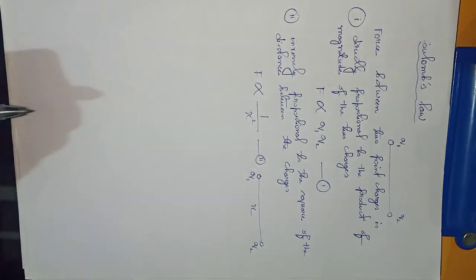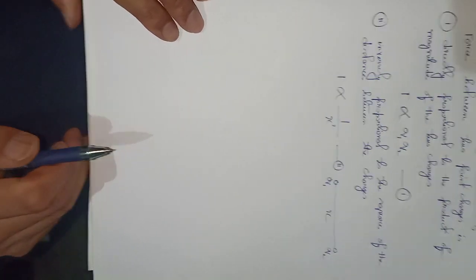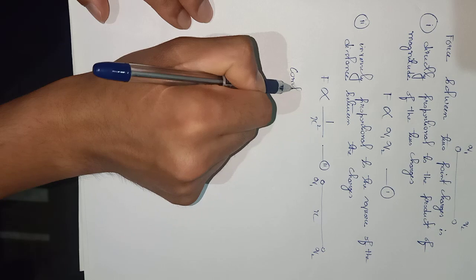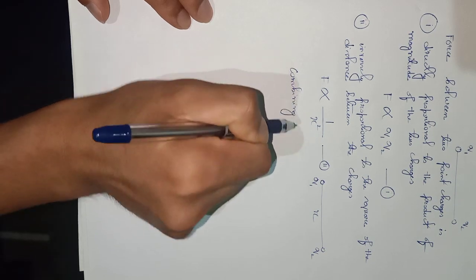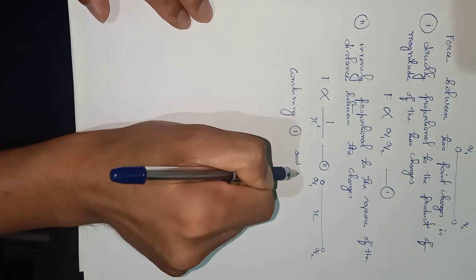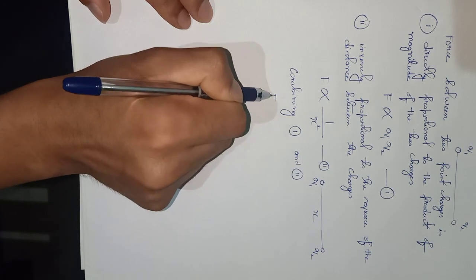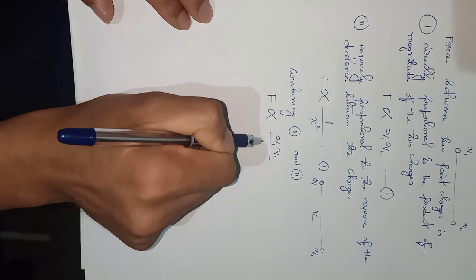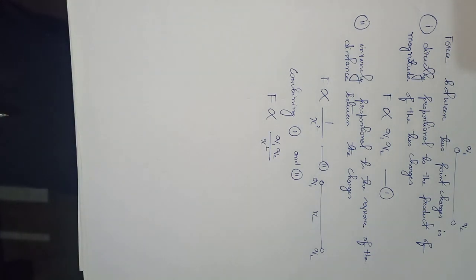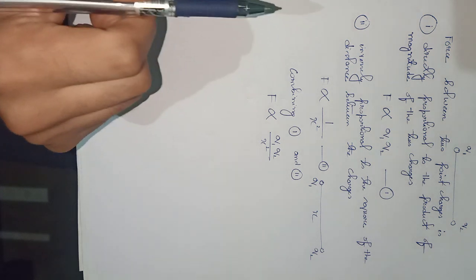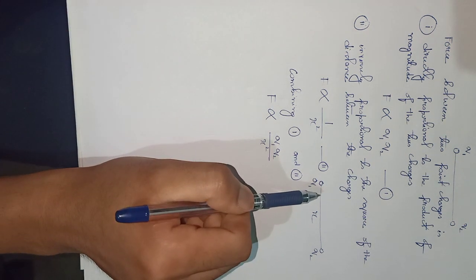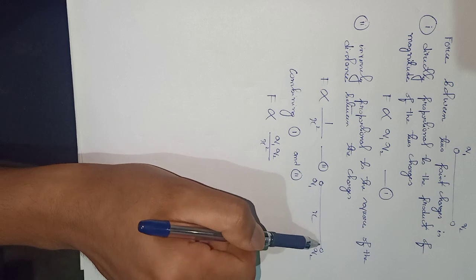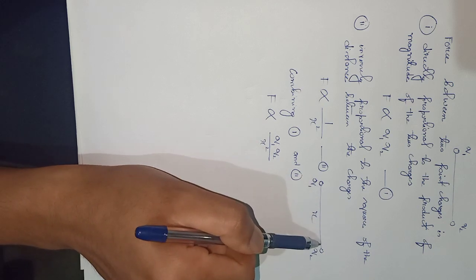Now combining 1 and 2, we have F is proportional to Q1 Q2 by r square. Now we note that this force acts on the line that is joining the two charges.